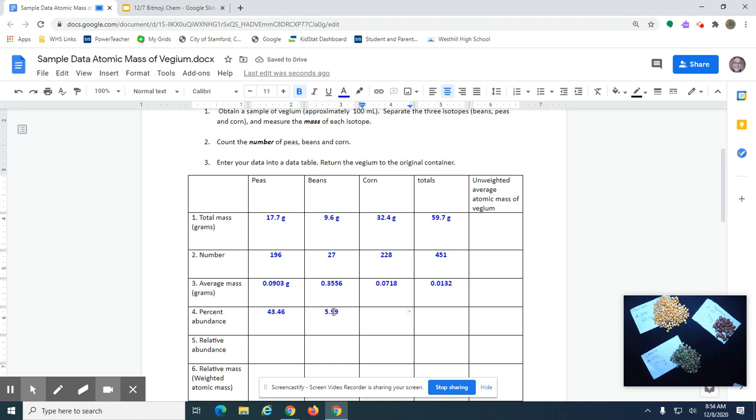And our last one, 228 divided by 451 is 50.55%. And our total is 50.55 plus 5.99 plus 43.46. Wow, exactly 100. That's excellent.